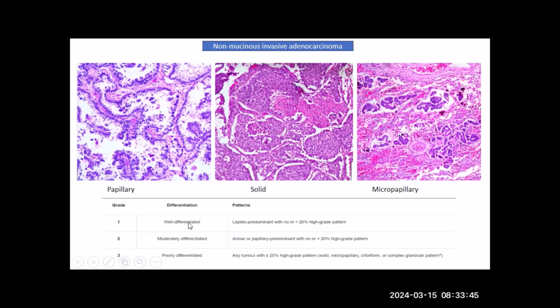If it's a pure lepidic tumor with less than 20% high grade pattern, it is well differentiated. If there is lepidic or acinar or papillary predominant with less than 20% of the high grade patterns, it is moderately differentiated. And any poorly differentiated pattern, more than 20%, it is poorly differentiated.